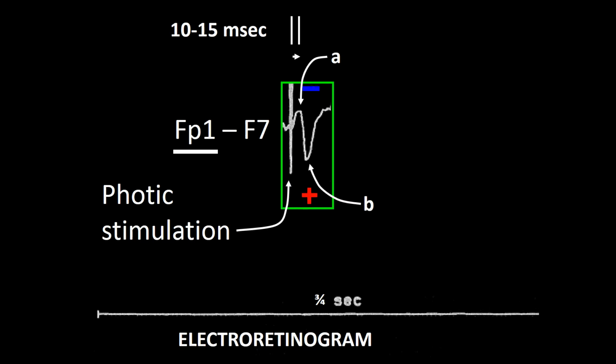Following the first wave, there is a second wave, which is a positive wave, often labeled as B, which occurs 30 to 50 milliseconds after photic stimulation. These waves are the result of retinal reaction to light.